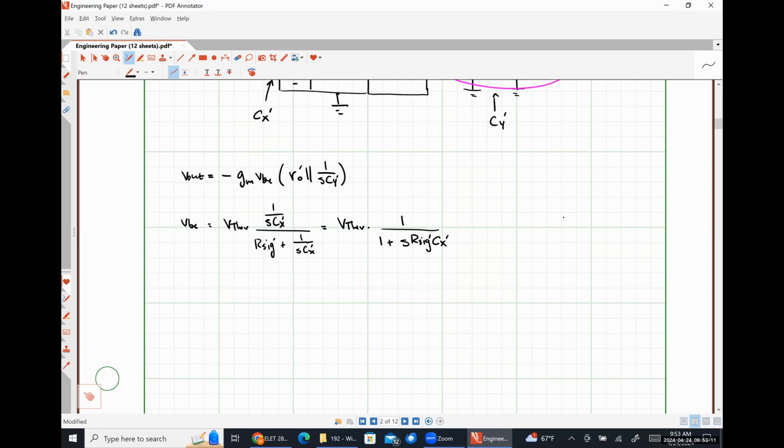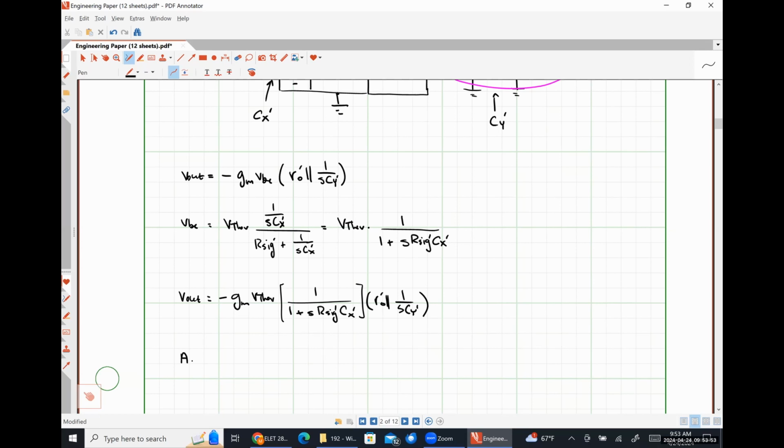And from here, we could substitute in for VBE. So we'd have V out is equal to negative GM VThev times 1 over 1 plus S R sig prime CX prime times R naught prime in parallel with 1 over S CY prime.